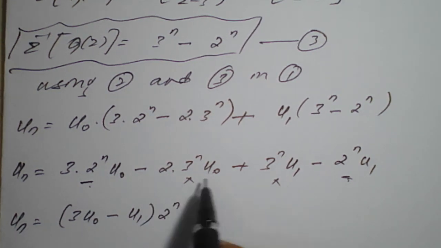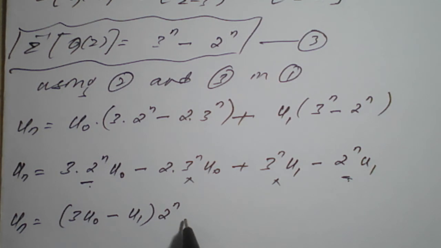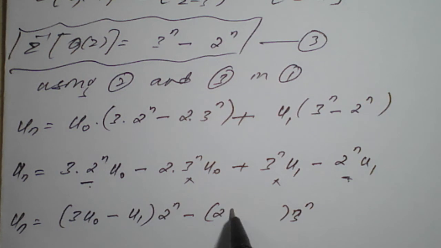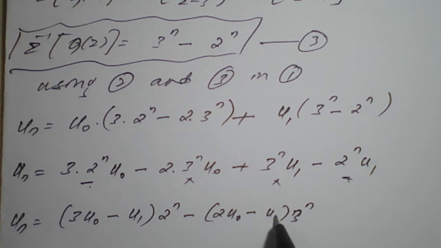From the second and third I take minus common, then 3 raised to n common. What is left inside is 2 u naught minus u1.